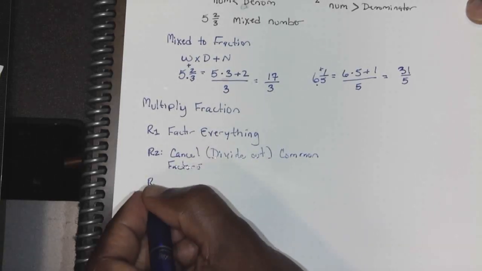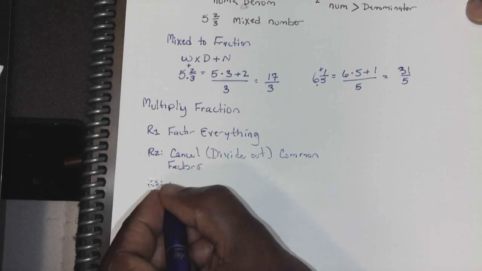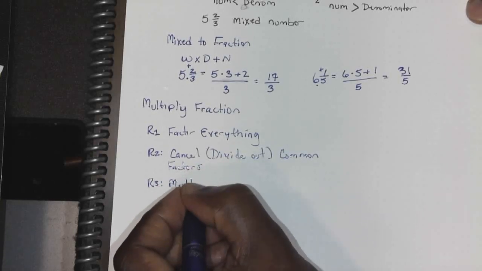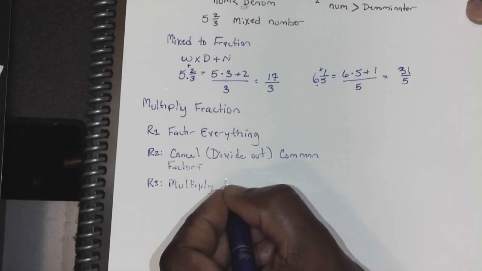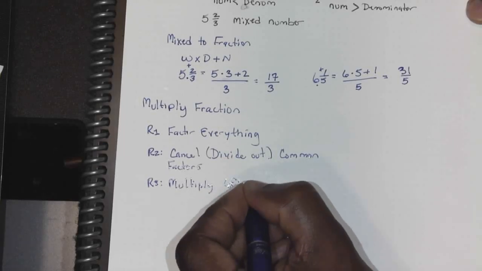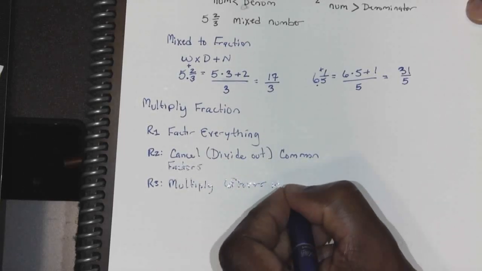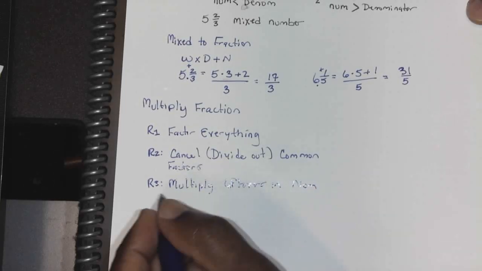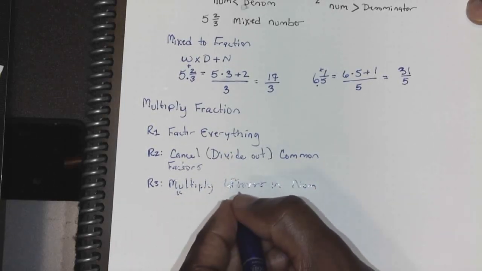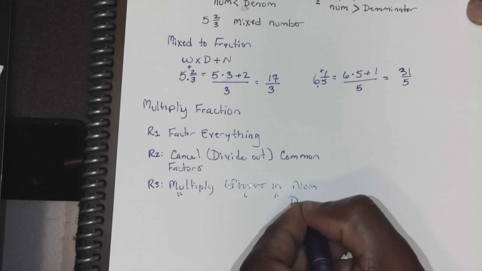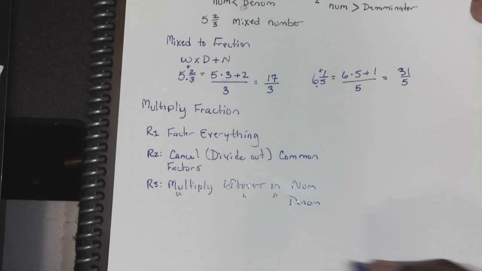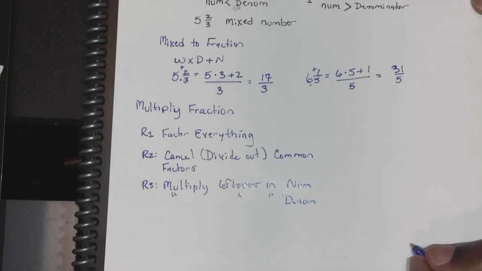Rule 3 is multiply the leftovers in the numerator, and then multiply the leftovers in the denominator. And that's it. You've seen these rules before.